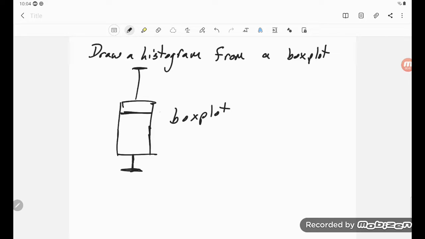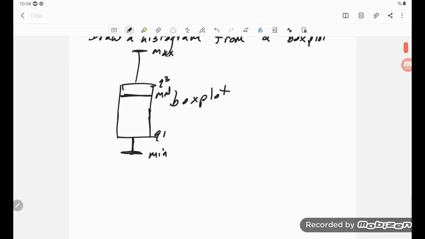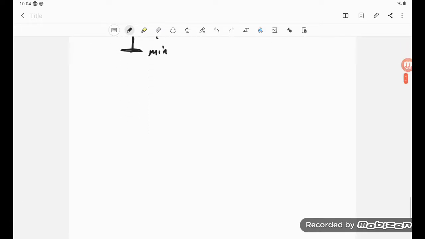And what I know is this is the median. There's the third quartile. There's the first quartile. Here's the min, and here's the max. So now what I want to do is sort of turn that on its side. I'm going to come down here a little bit. We'll say it looks like this, where that's the min, that's the max.